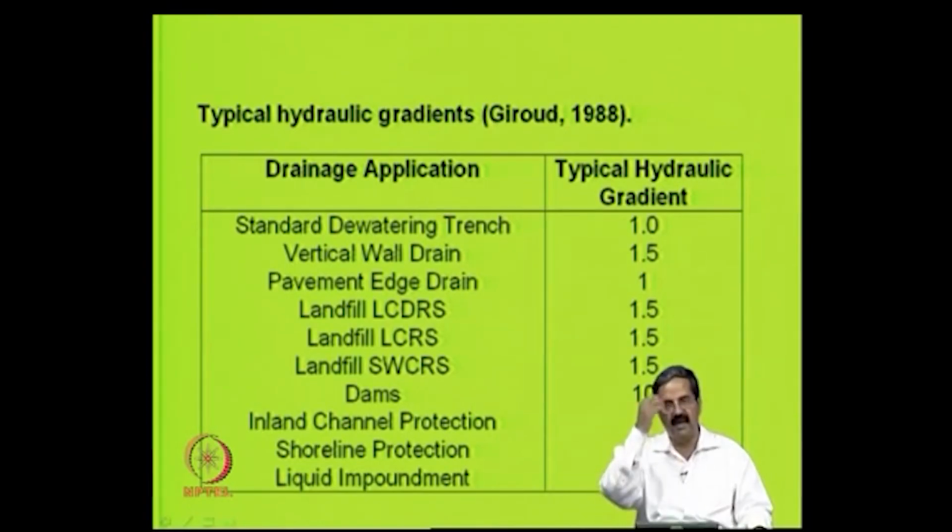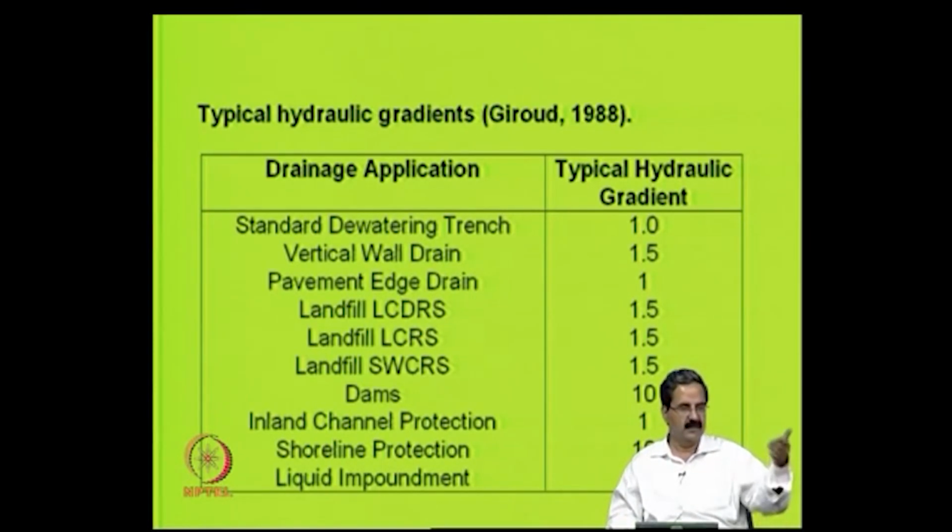If you want the filter to be very effective, you need to know what pressure is acting on it and what hydraulic head is coming onto it. One can do all of this from flow nets, right? We are familiar with flow net construction, and one can know the steady state conditions of the water flow.